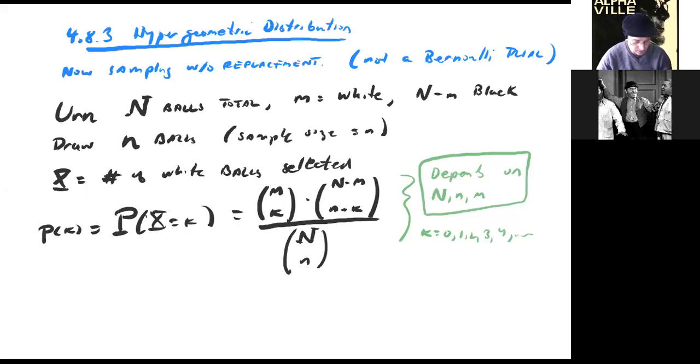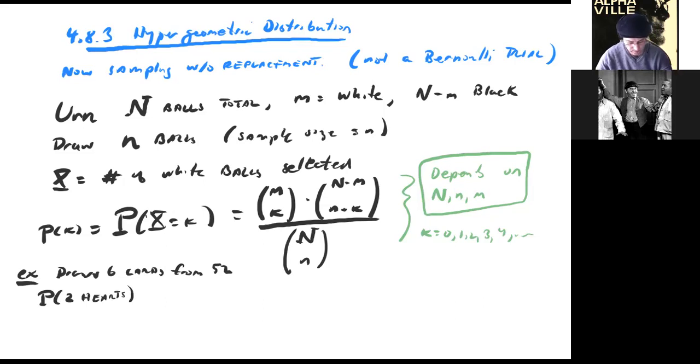Okay, so here's an example. Let's draw 6 cards from a standard deck, so 52 cards, without replacement, and find the probability of obtaining 2 hearts. Well, let's figure out what these parameters are. Capital N is 52.